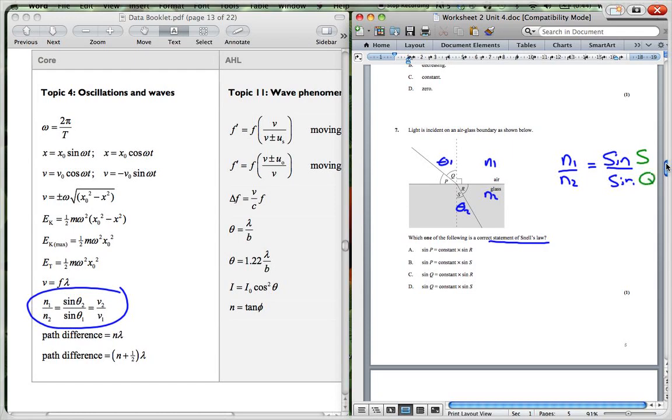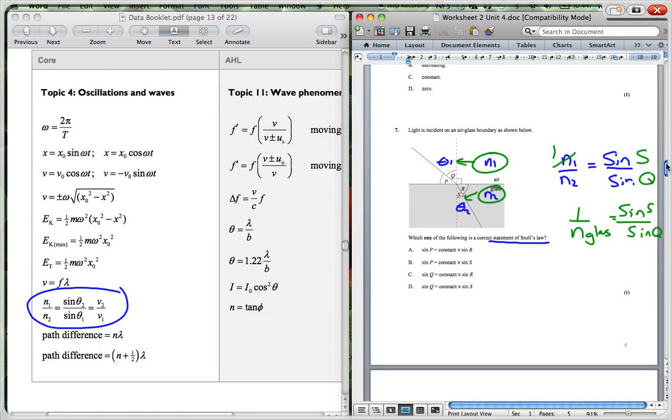Now n1, because it's air, would equal 1. So you get 1 over n2, n for the glass, is equal to the sine of S over the sine of Q. So it's really important to make sure that you identify and put in your values here, make sure that these correspond, and then just work with the formula.